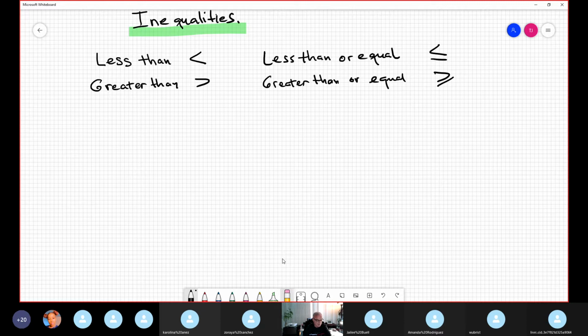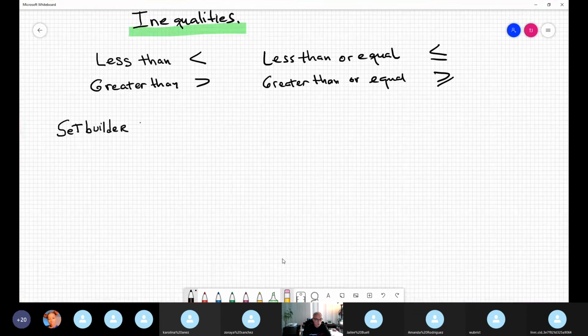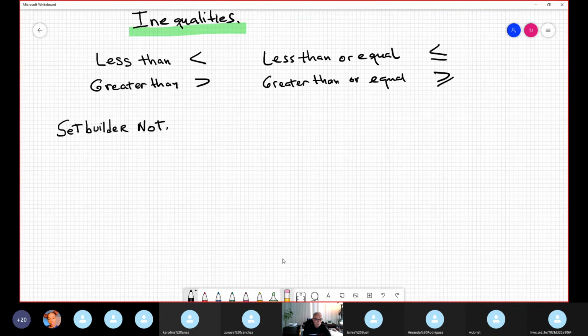We can represent it like that, it's called set builder notation. Another possibility is to express it graphically. It's a graphic notation.